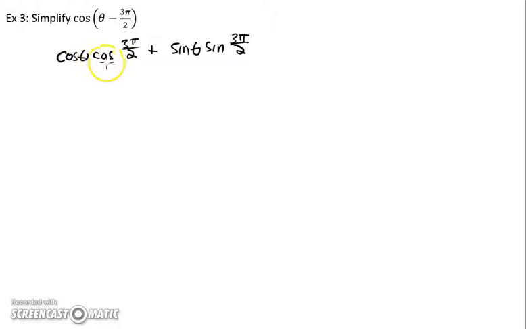Cosine of 3 pi over 2 is 0. Sine of 3 pi over 2 is negative 1. So all of this is going to be equal to negative sine of theta.